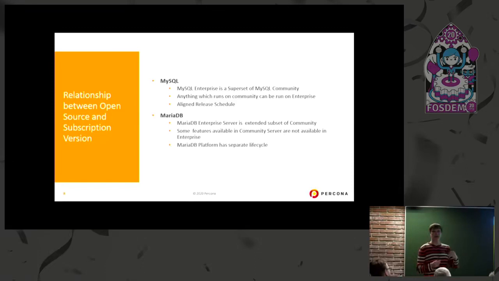And they're also aligned on a release schedule, so when 8.0 goes GA, it is the same for MySQL. In the MariaDB case, Enterprise Server is an extended superset of Community Server, so there are some additional features in the enterprise plugin. For example, an enterprise audit plugin which has some additional functionality. But there are some things included in the community edition of MySQL which are not included in the enterprise.